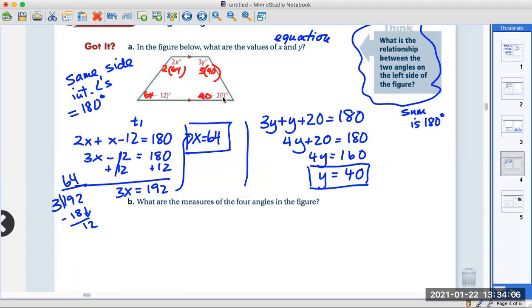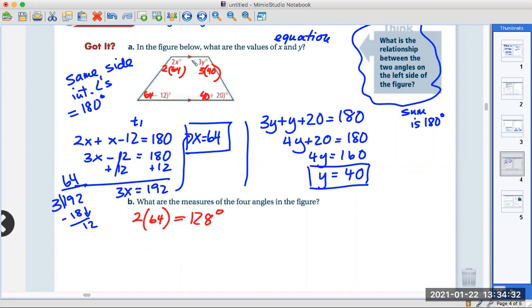Now don't hesitate to use your calculator. So this angle here is 2 times 64, which is 128.